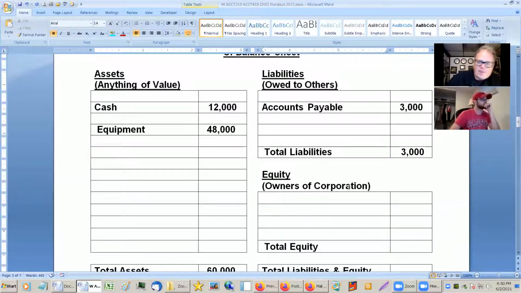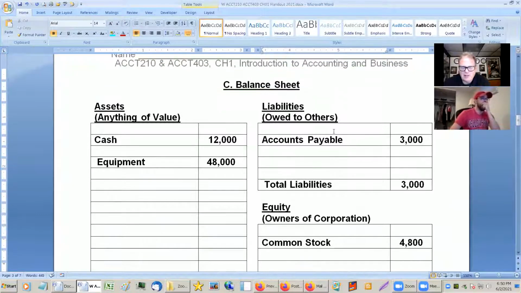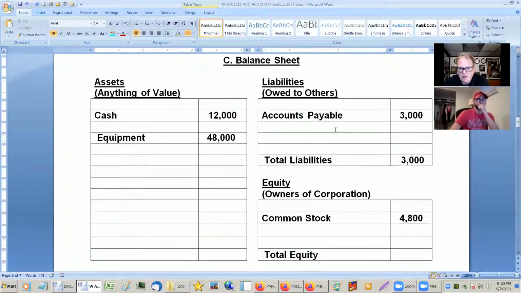So common stock. And these are virtually always sold for cash. It's possible they gave something else, land or something, but usually it's cash. Now, the owners have one more thing that they own, though, that we're going to put in here.